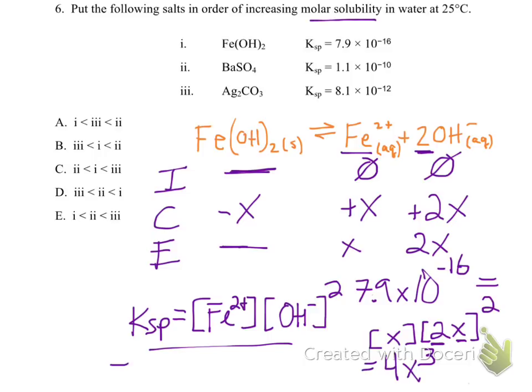Once we do the math, we'll end up getting that x is equal to 5.8 times 10 to the negative 6th. And remember, x represents our molar solubility here. So, 1 down, 2 to go.